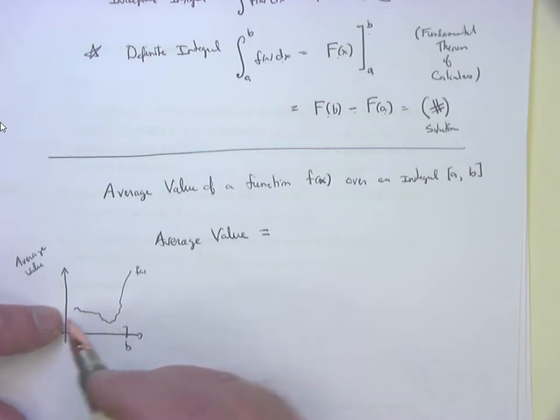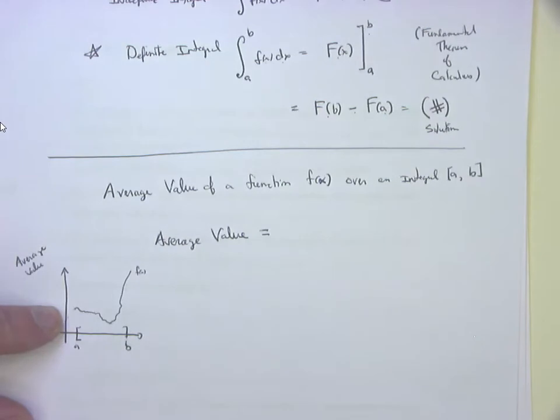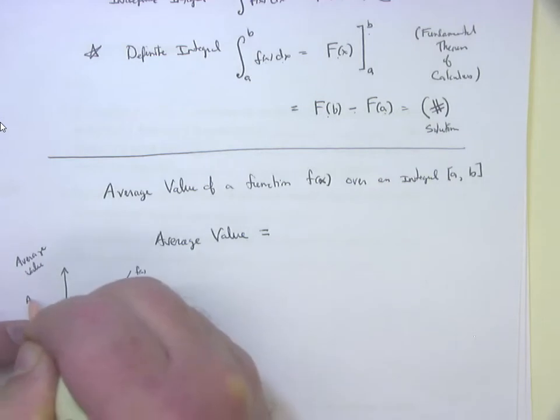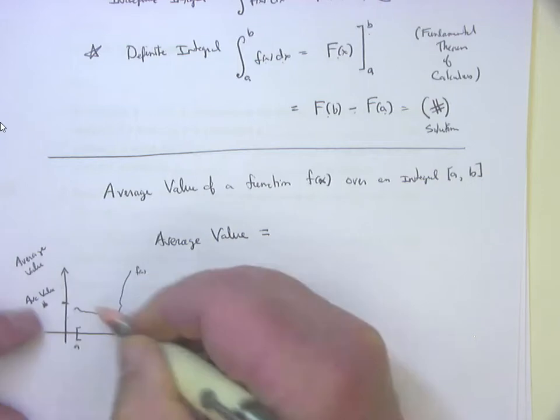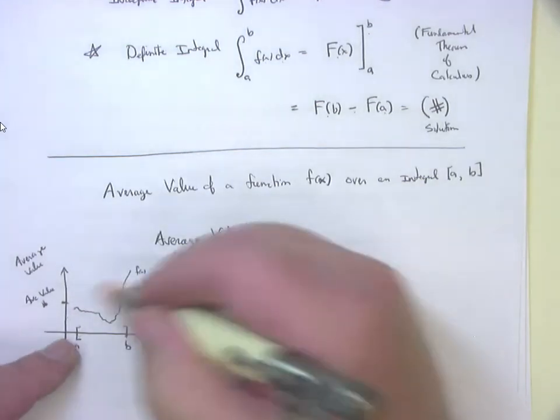Does that make sense? So it's going to be down here, but right here, all of a sudden, the function took a big jump to the top. So you got some really high functional values up here. That's going to pull the average up. So right about here is where your average value is going to be. And it's a number, and it represents basically, on average, between a and b, where the y coordinates are averaging out.